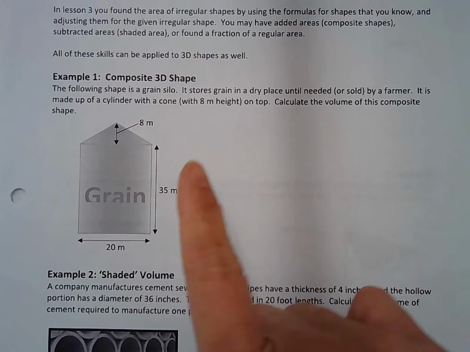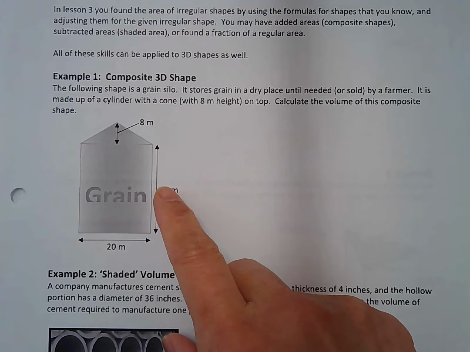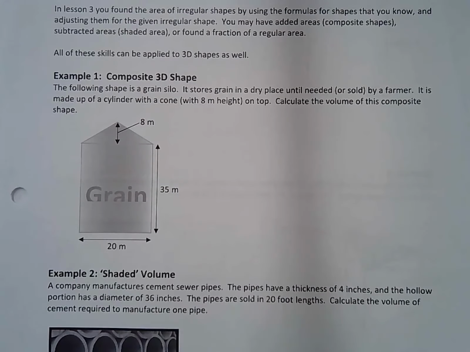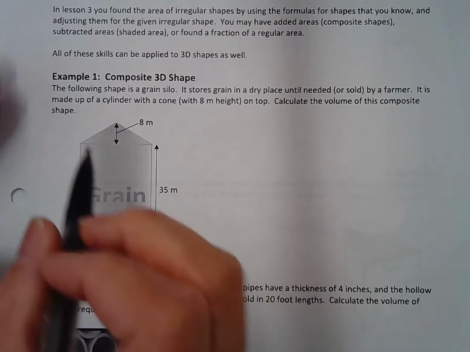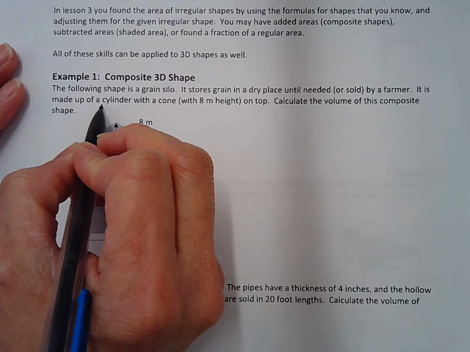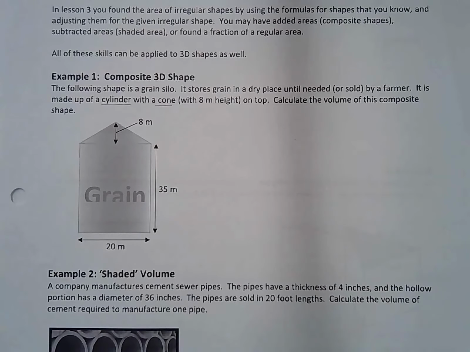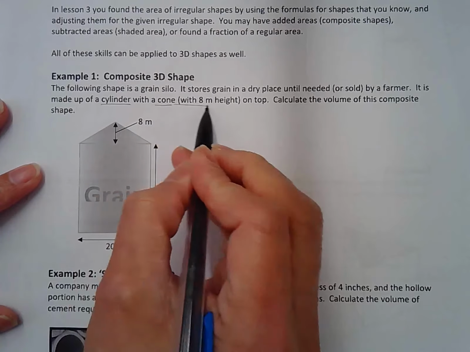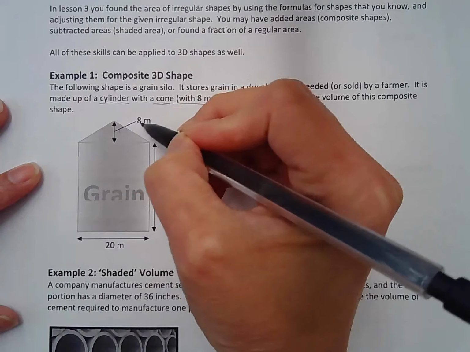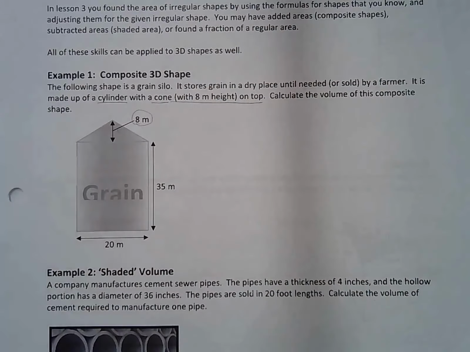It is made up of aluminum, a cylinder and a cone, with an 8 meter height cone on top. That's nice that they clarified that part.